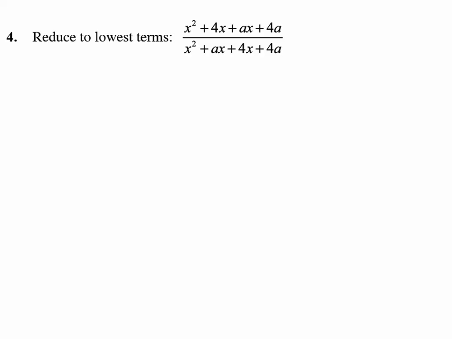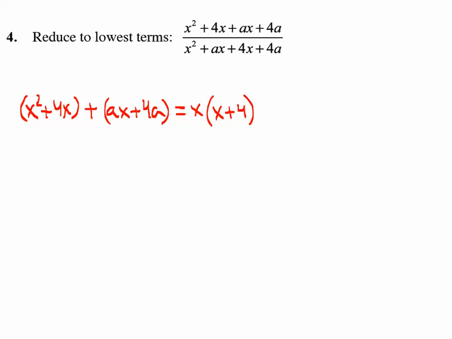It's probably easier just to write out the numerator, simplify that as much as you can first, and then we'll put it all together later. So just the numerator by itself, there's my two pairs of parentheses. I can factor out an x out of the first one. I'm left with x plus 4.